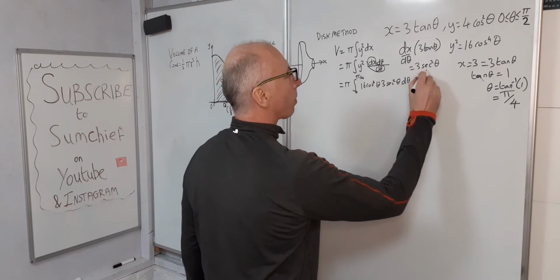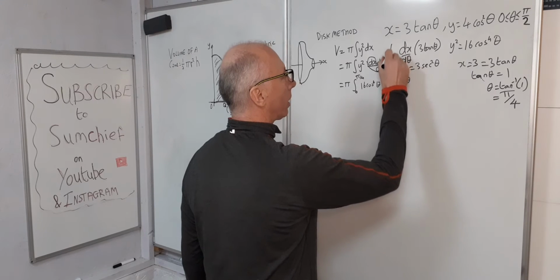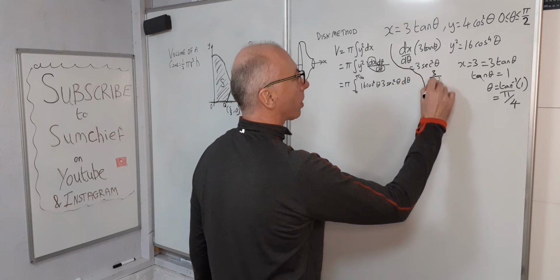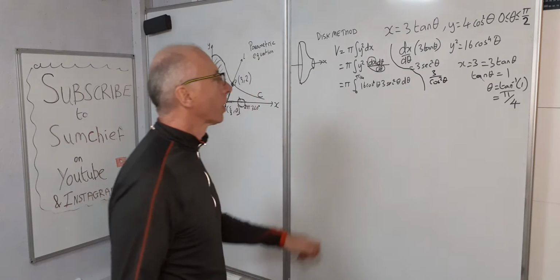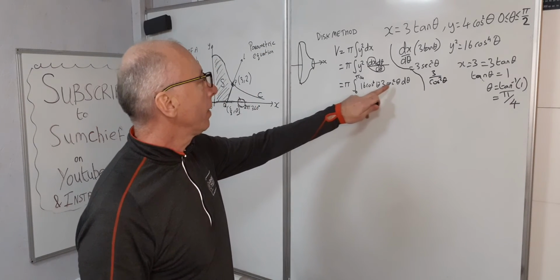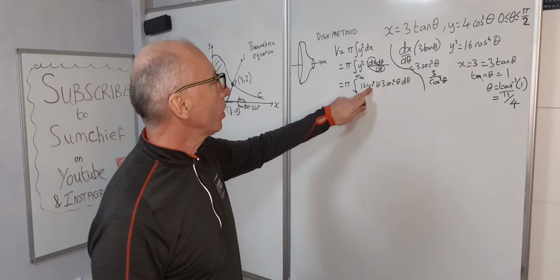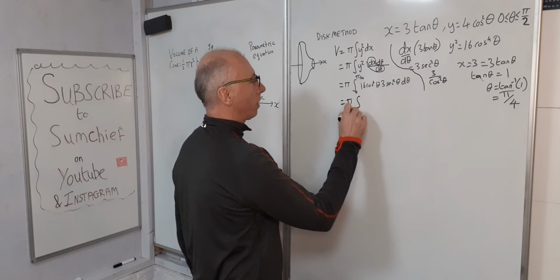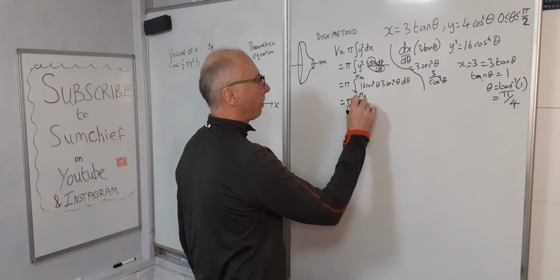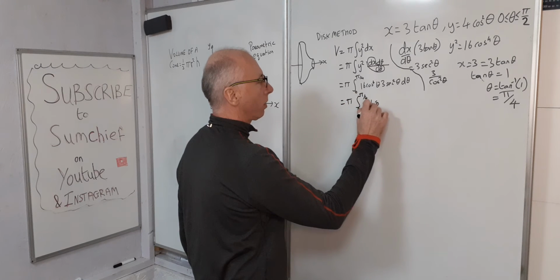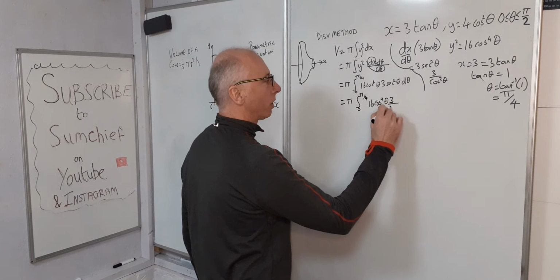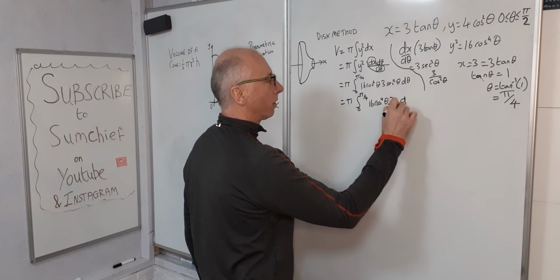So 3 secant squared theta, which we've got here, we can say that is 3 over cosine squared theta. So I reckon if we plug that in there, it gives us a chance of crossing out our cosine to the 4s. So that equals pi integral from 0 to pi over 4 of 16 cosine to the 4 theta times 3 over cosine squared theta d theta.